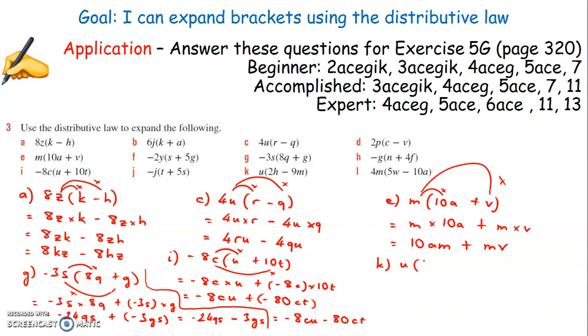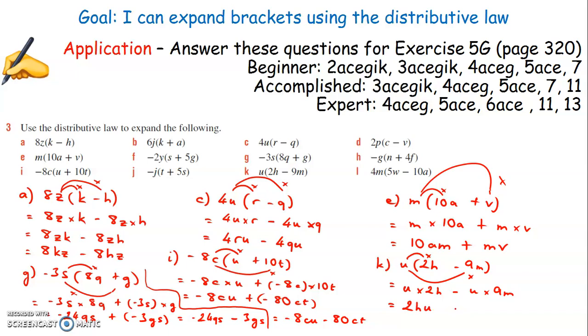And finally we have K, u bracket 2h minus 9m. So u times 2h, and then u times 9m. U times 2h, bring the minus sign down, and u times 9m. U times 2h is 2hu.